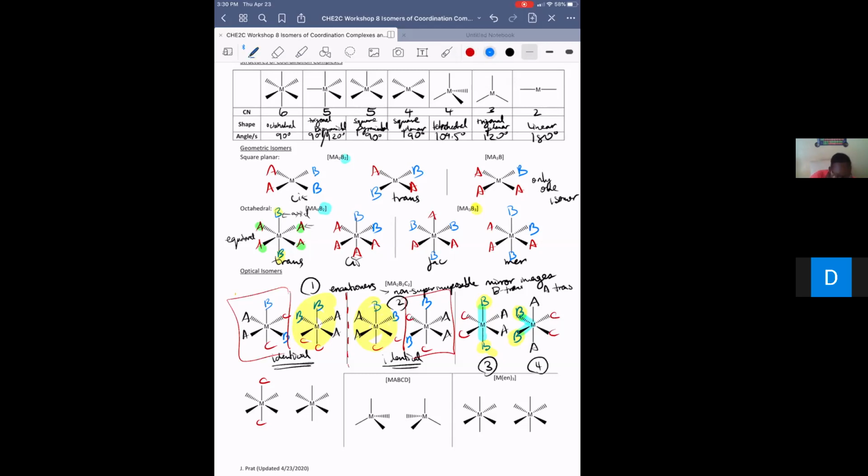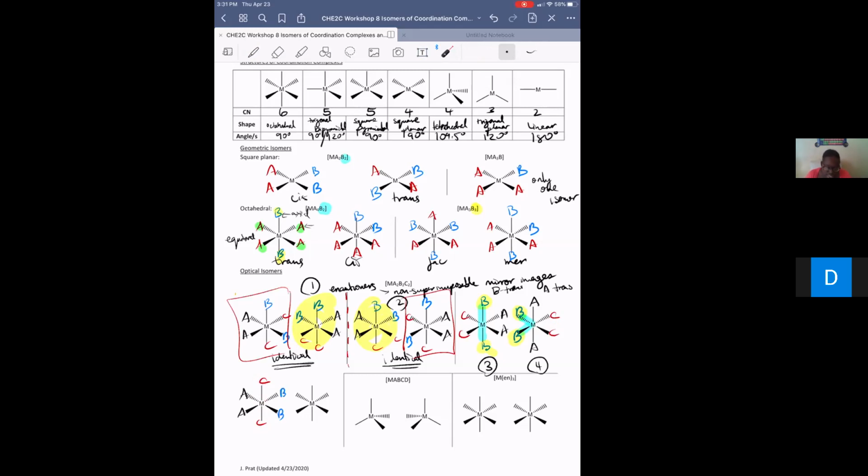So we'll say that our B is cis and our A ligands are cis, and that will be a distinctly different isomer because in the other two isomers, we saw that our C ligand was cis here and cis here, right? And now they're trans in this one. So this will be a different isomer. And we should be able to get one more isomer, right?